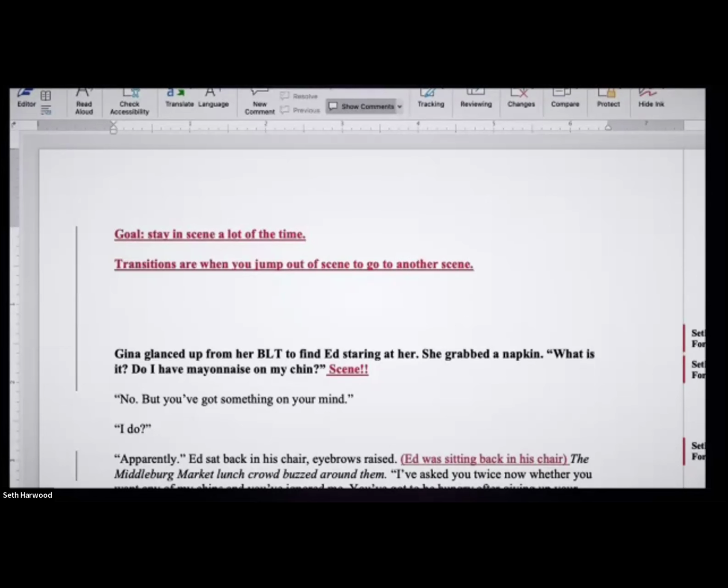And we're conditioned through our experience with television, where we get a lot of jumping out of scene. Like on TV, things are constantly popping out of scene. Things are constantly changing around.